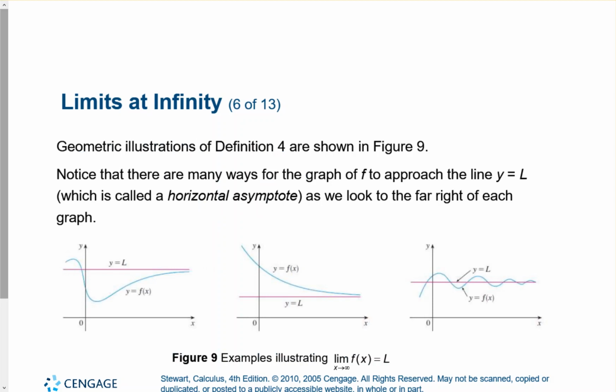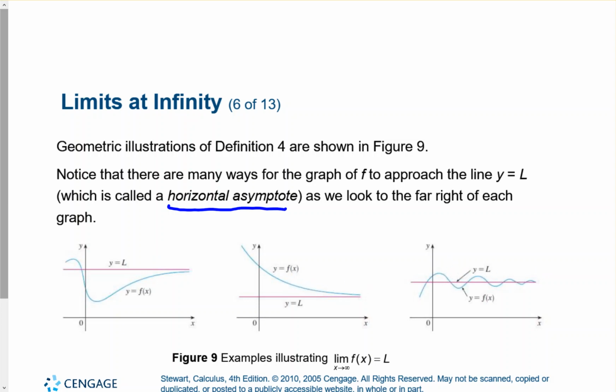Limits at infinity. Here are various graphs. It looks like these functions are approaching a particular value as we go to infinity. It looks like we're approaching what's called a horizontal asymptote. The function is approaching some value.